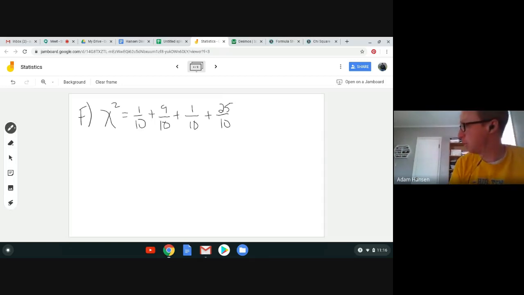Let's see here, the 5's. 12 5's, we're supposed to have seen 10. 12 minus 10 is 2. 2 squared is 4, divided by 10. Then lastly, 6. 6 minus 10 is negative 4. Square it to make 16. 16 divided by 10.